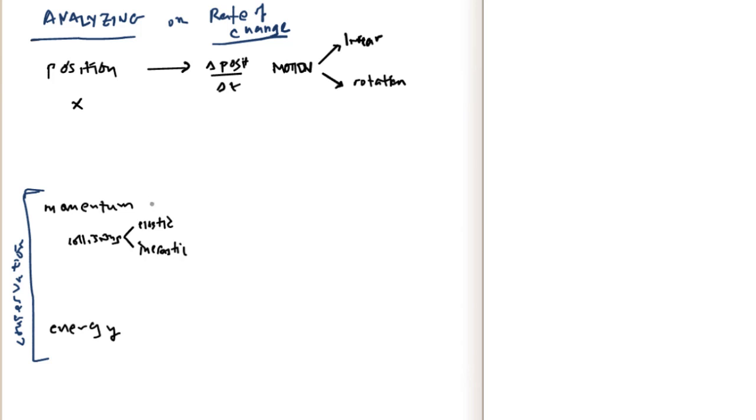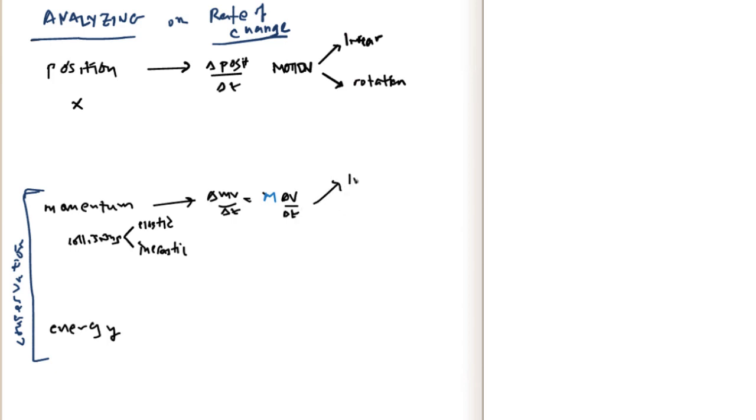A special case of changing momentum, a change in momentum with time, is, pulling out the mass, mass times the change in velocity with time. You may recognize this essentially as F equals ma.